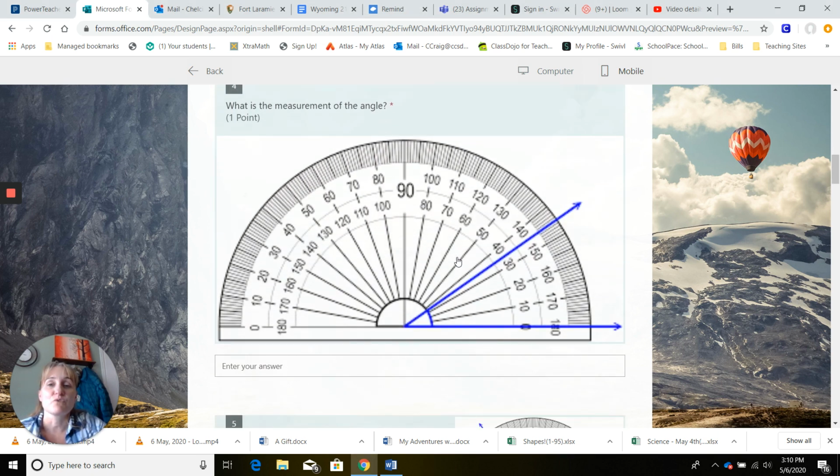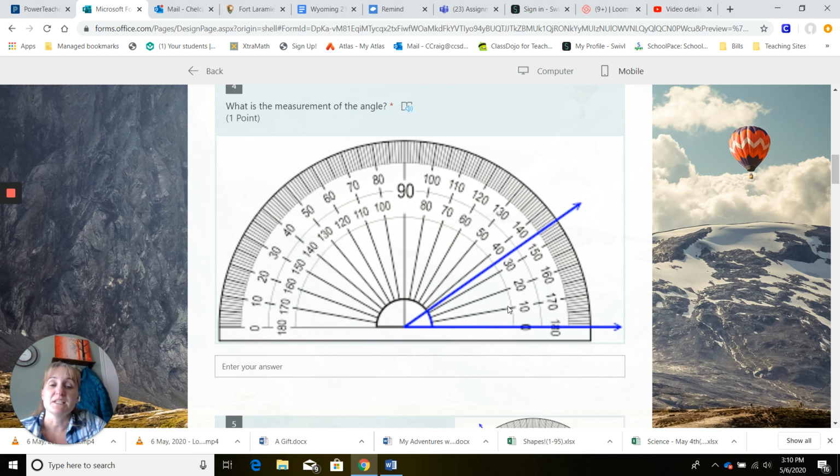Okay, question number 4. What is the measurement of the angle? So if you didn't pick up on this before when you did the form, we ask what type of angle it is, and then what is its measurement. So when we look at this, this line is on 0 and this line is up here. We know that it's an acute angle, so we're looking at the smaller numbers.